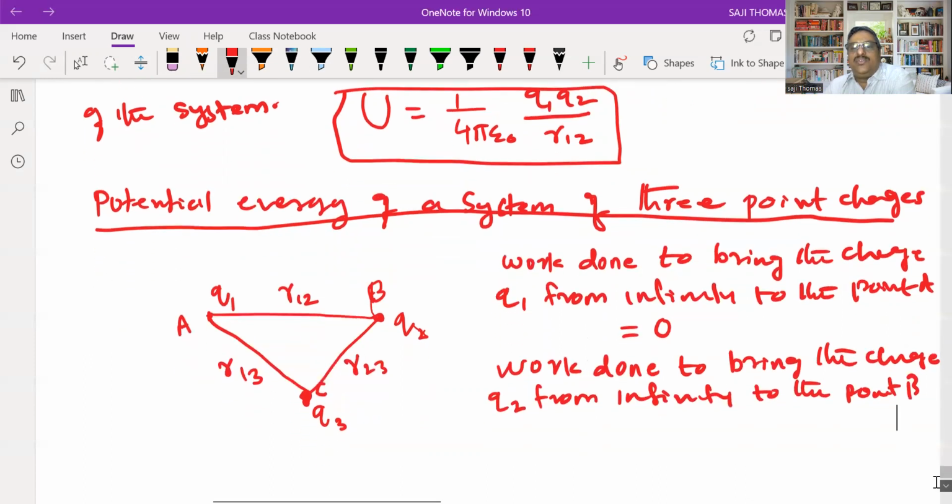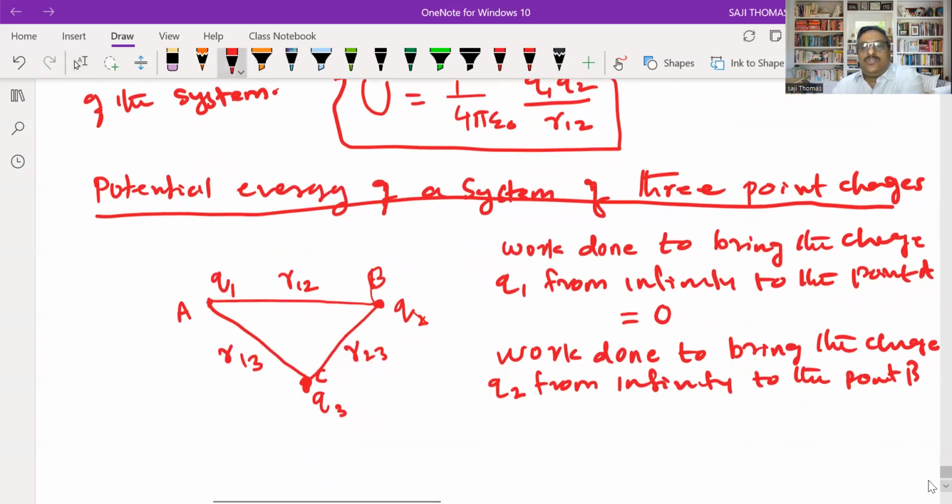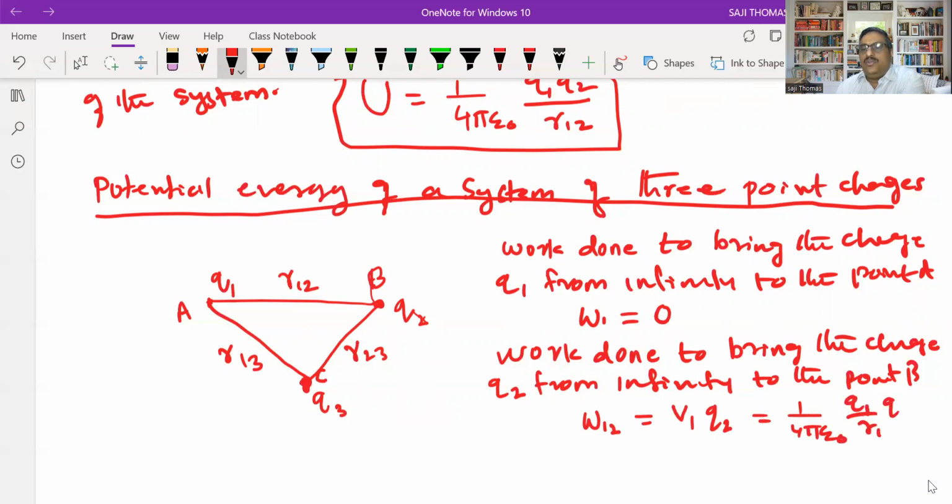So we can use the equation for work done as, suppose first work done is W1, this work done is W12. It is, what will be the equation? V1 into Q2. That is 1 by 4 pi epsilon 0 Q1 by R12 into Q2.